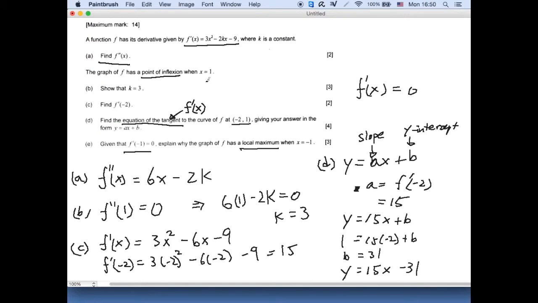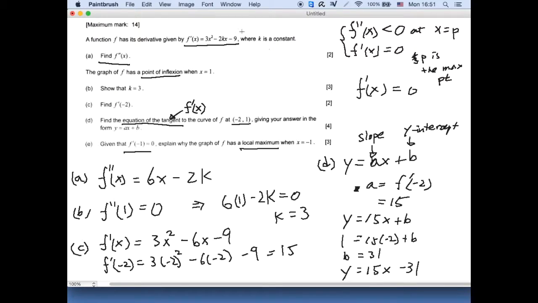So we can apply the second derivative test, which is just if f prime prime x is less than 0 at x equal to p, when these two conditions are satisfied, then p is the maximum point.